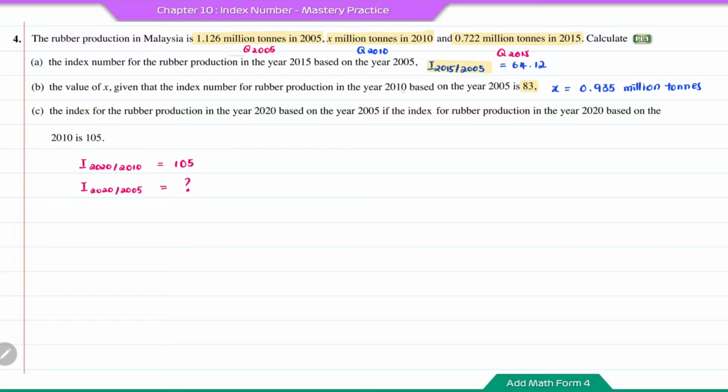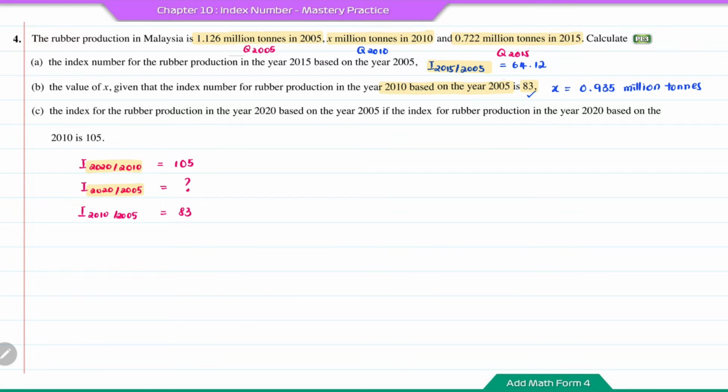This one is in the year 2010 based on 2005. So we can solve the C here using the SMART method, but we just need to take 3 different years. So if you look at the years involved here, it will be 2020, 2010, and also 2005. So the other index number that I'm going to take will be the index number that also involves these 3 years. So I'm going to take the index number in question B, which is the 83.